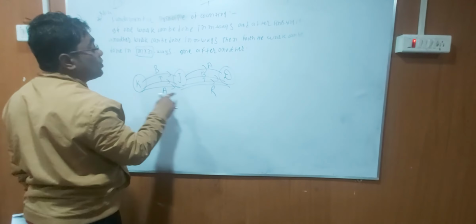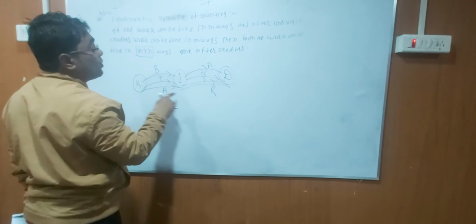And from Jaipur to Delhi there are how many ways? 4 ways. Then the total is 12 ways. Then our work is finished. We go from Kota to Delhi via Jaipur. This is the multiplication rule, the fundamental principle of counting.